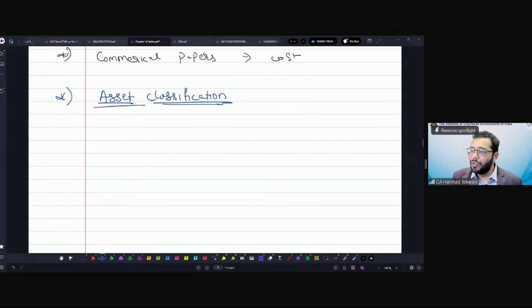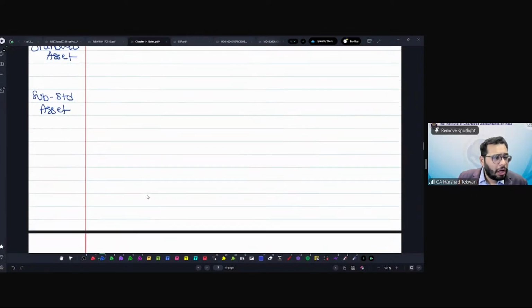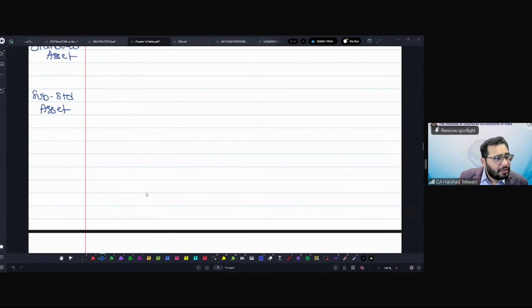Now, when it comes to asset classification, assets for the NBFC are divided into 4 categories. One is your standard asset. Second is your substandard asset. Third is your doubtful asset.